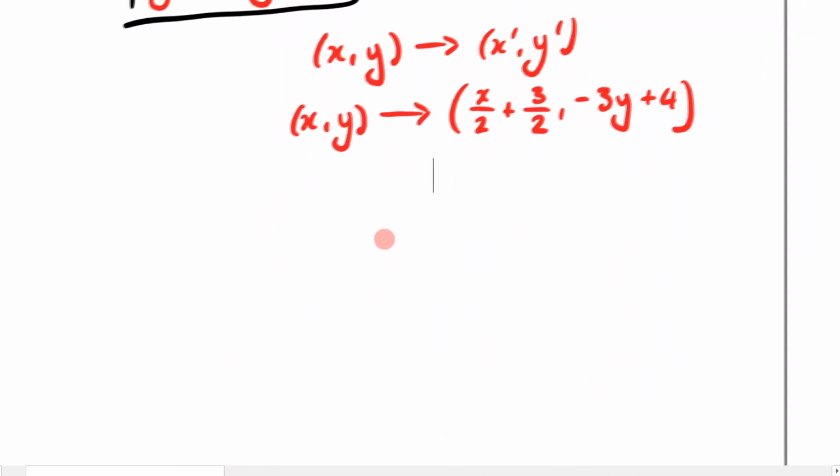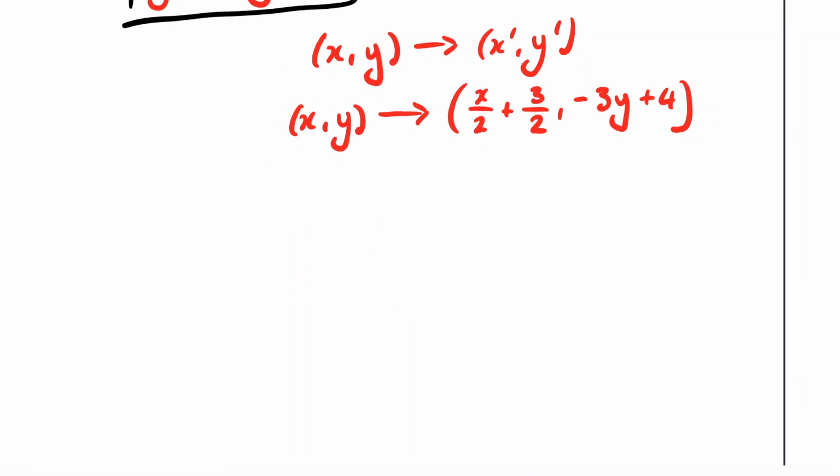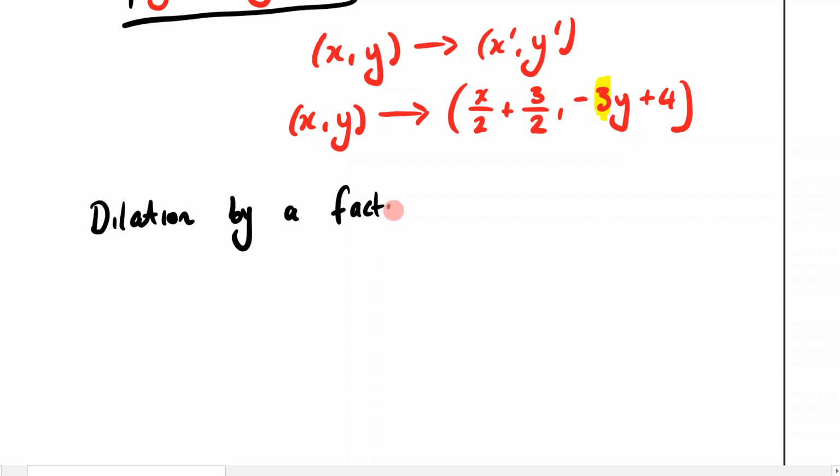As we do, we start by reading off the dilations. So this 3 is a dilation. So I'm going to say a dilation by a factor of 3 from the x-axis.